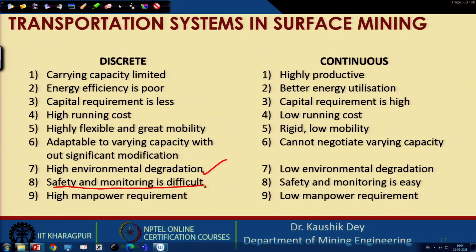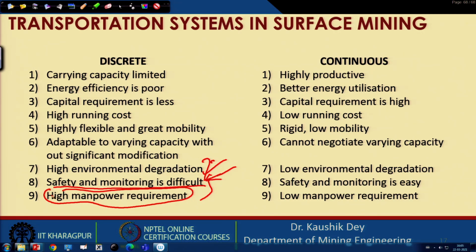Driver skill is essentially required, and most surface mining accidents pertain to haul road accidents only. So, it is very difficult to control these things, and we need high manpower.